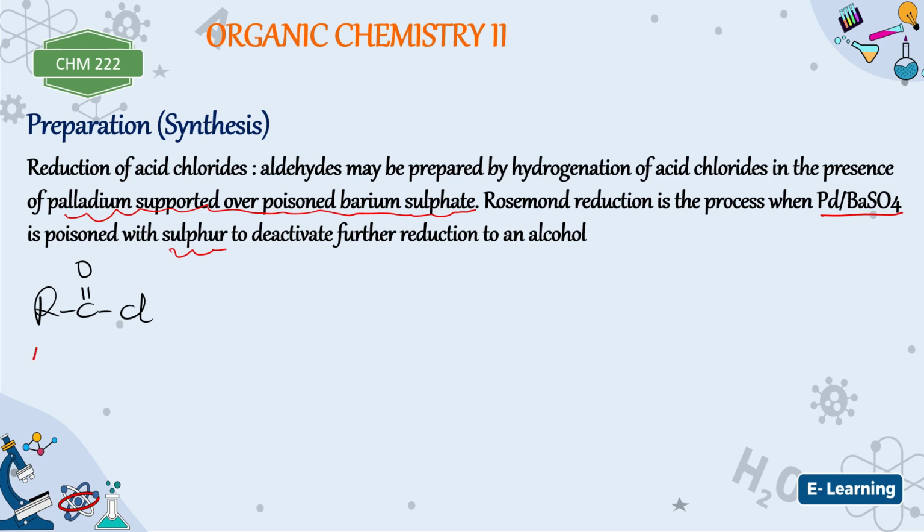So this one is, if you have something like this, let me give you an example. Here is CH3, C double bond O, Cl plus H2, and then you have Pd, barium sulfate, poisoned.